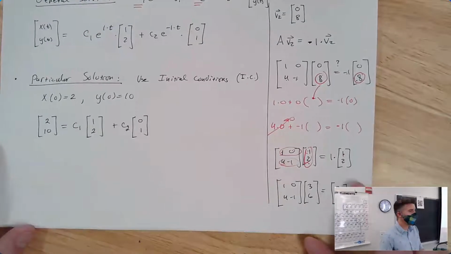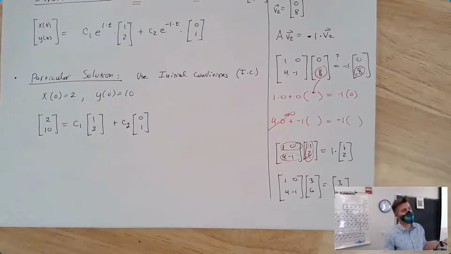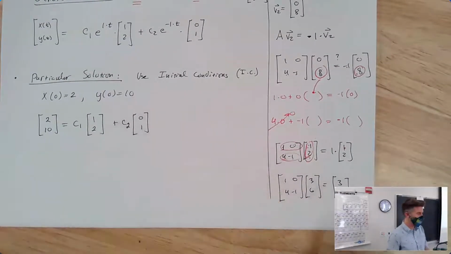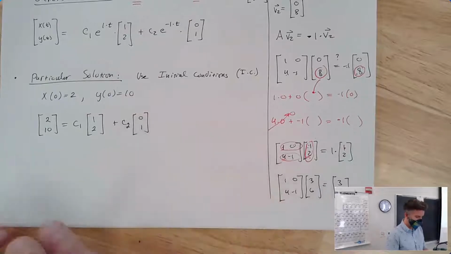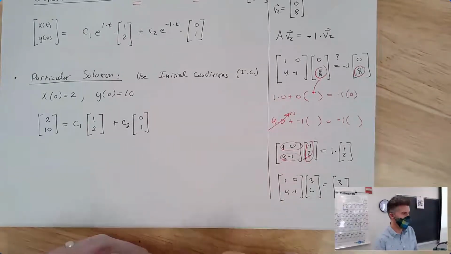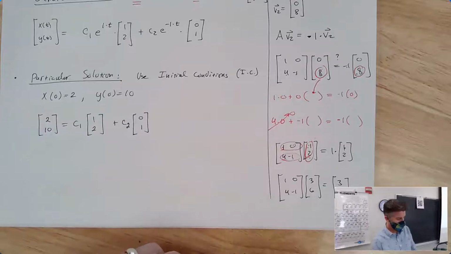And it's always nice, if we're lucky, to have a 0 in one of these spots. If you have a 0 in one of those spots, it's really easy to solve for one of the variables right off the bat. Can anyone tell me, just by looking at this, or write in the chat, or show me on your fingers if you can see, what does C1 have to be equal to?